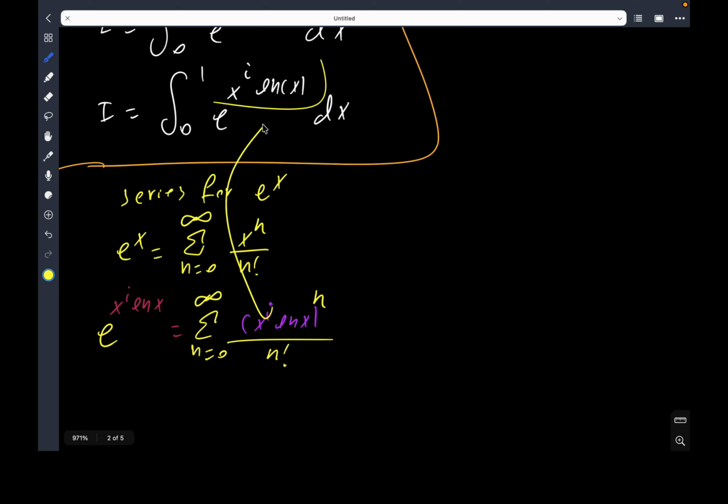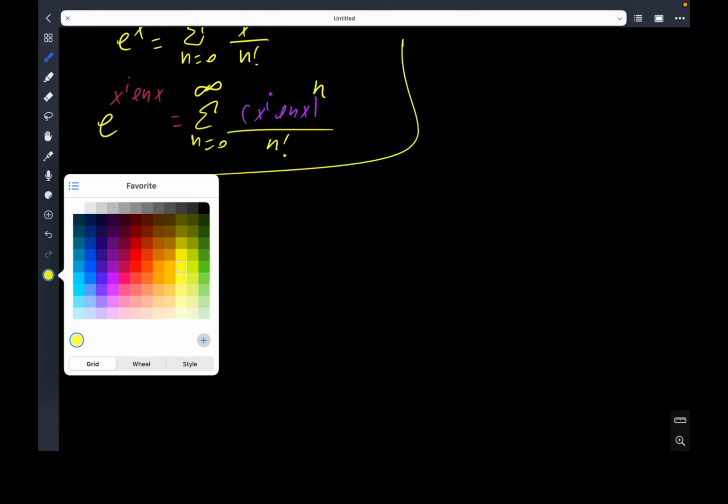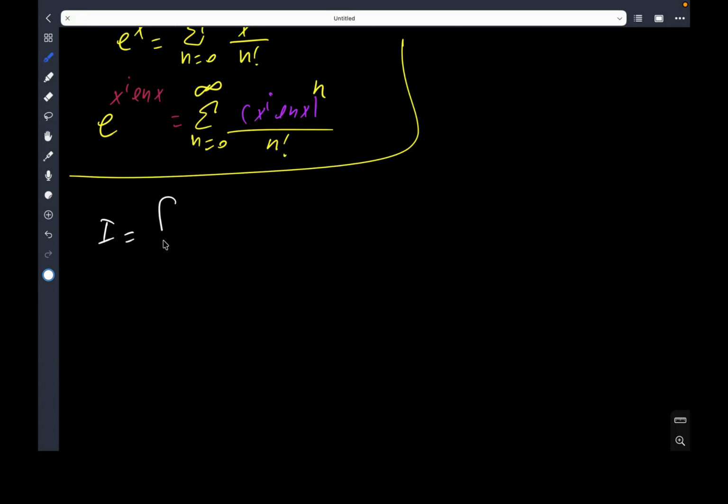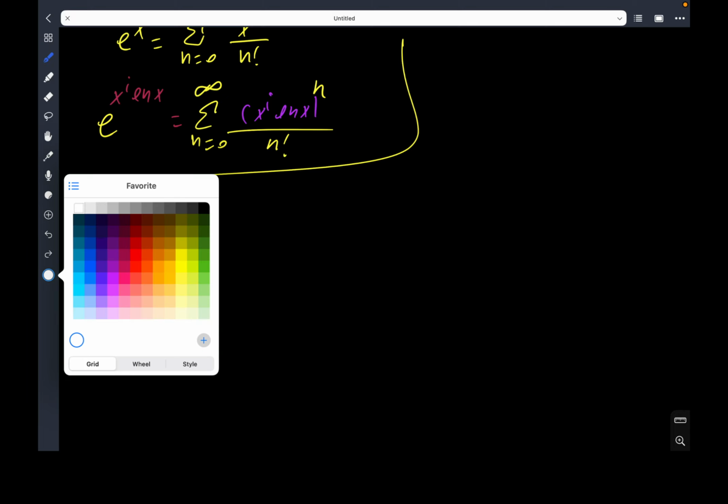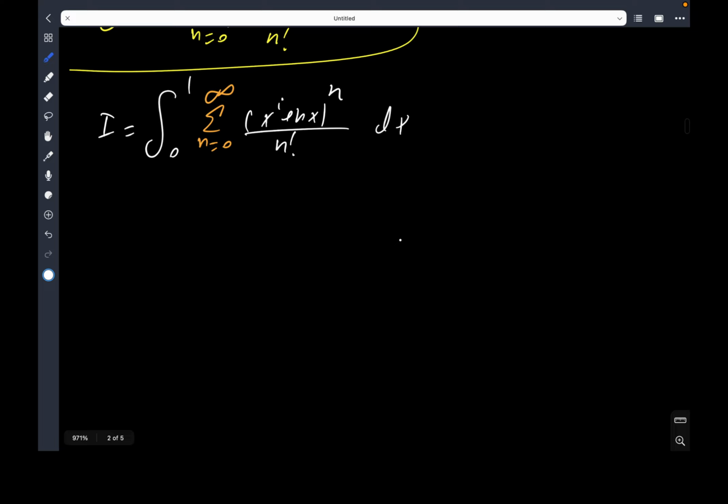Thus I can replace it here, and I is going to be the integral from 0 to 1 of the infinite sum from 0 to infinity of x ln x to the n over n factorial dx. And I can move this summation notation and this n factorial out here because they are constants.